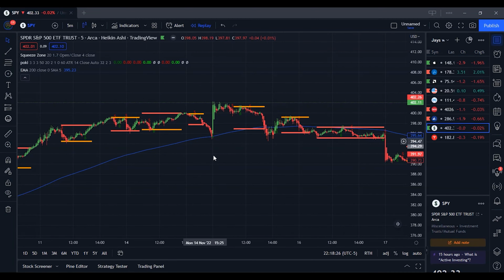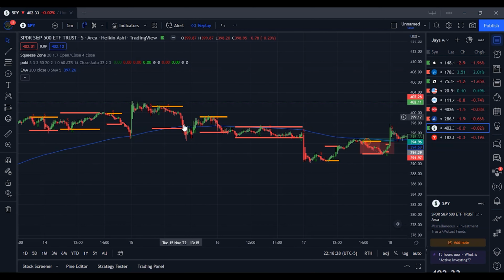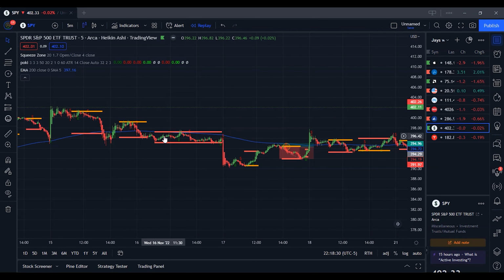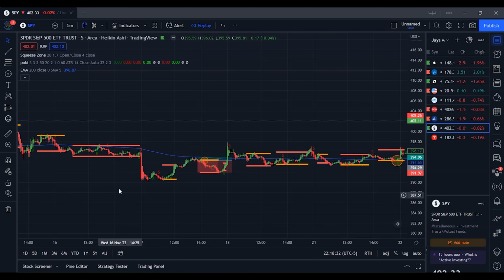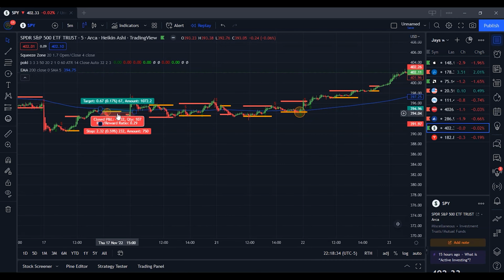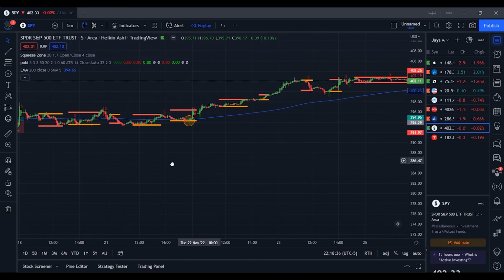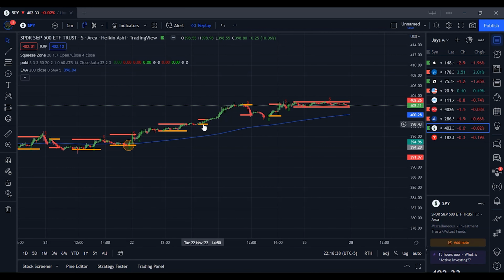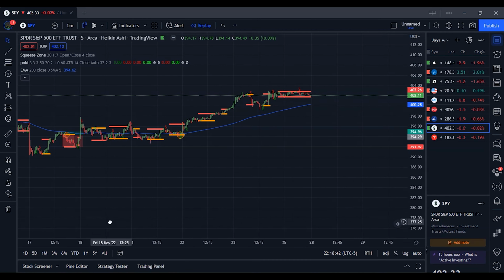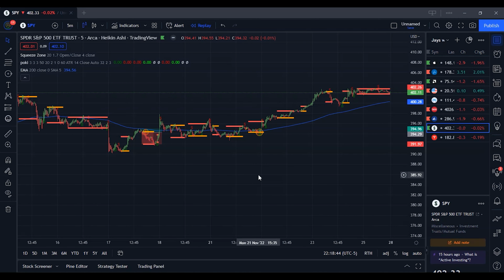Profit. Profit. It's ranging, squeezing, going under. Profit. Bounced off this stronger support line. Profit. Incredible, incredible indicator, guys.